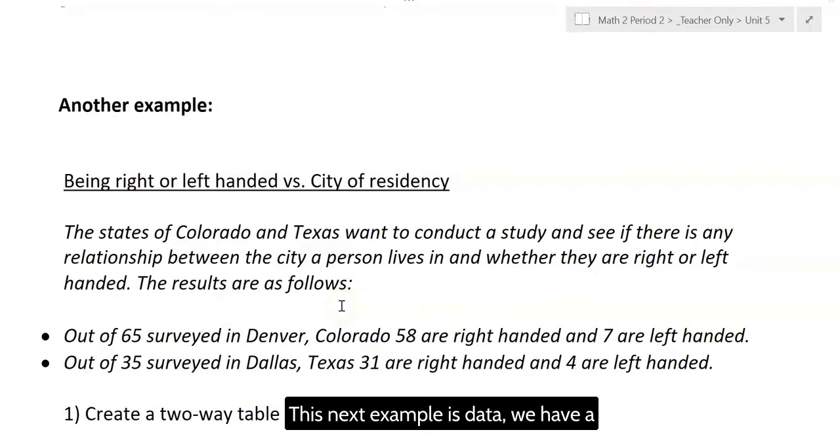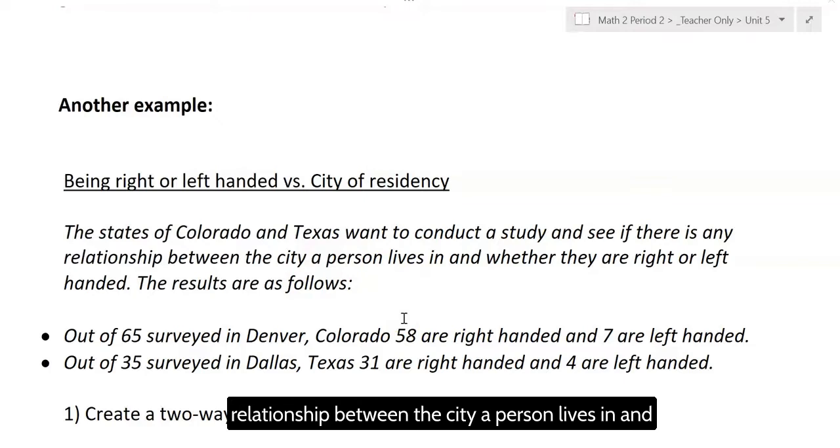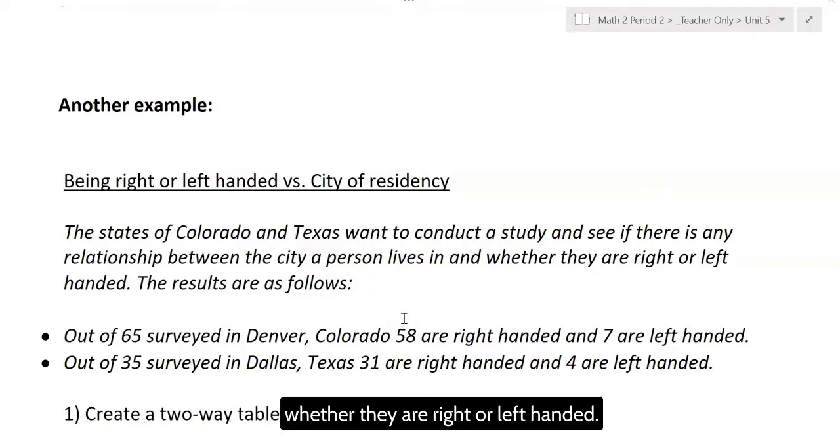This next example is data about whether you are right or left-handed and the city that you live in. So the states of Colorado and Texas want to conduct a study and see if there's any relationship between the city a person lives in and whether they are right or left-handed.